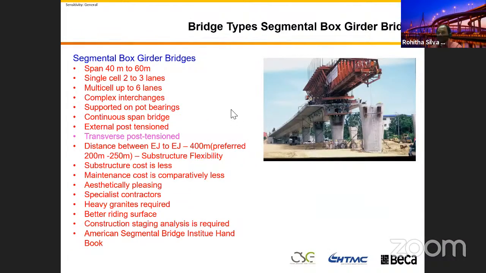But then the type is a segmental box girder. I have this manual that I will share with you. It will give you all the information you need to work with this. You don't need to worry about calculating the depth and all these dimensions and thicknesses. They provide that, so you can utilize them if you want to apply this in your bridge.